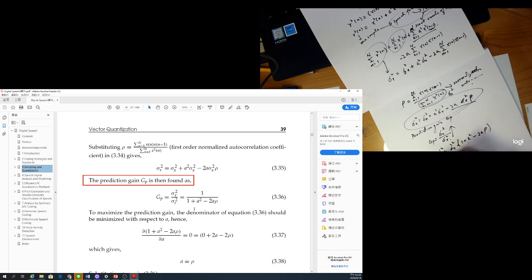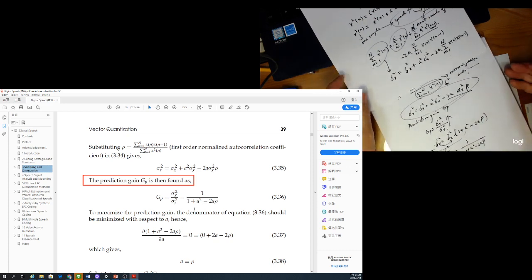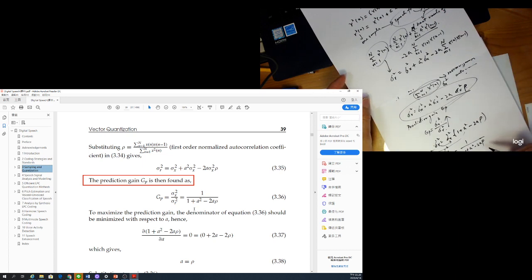So this one moves here, and this one moves here. So you get 1 plus a square minus 2ar. Because we try to make this maximum, this one is the denominator, so we try to make the denominator smaller.